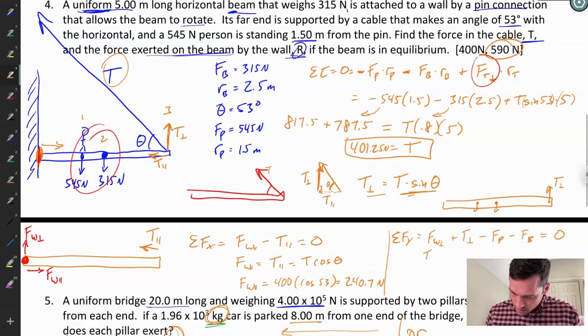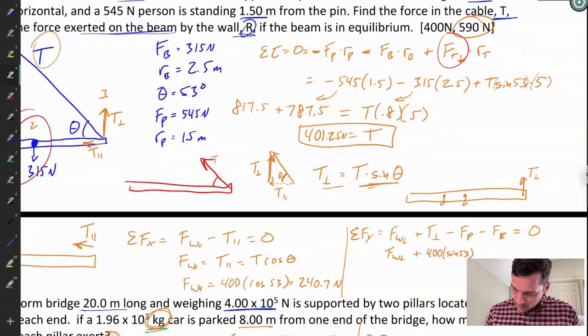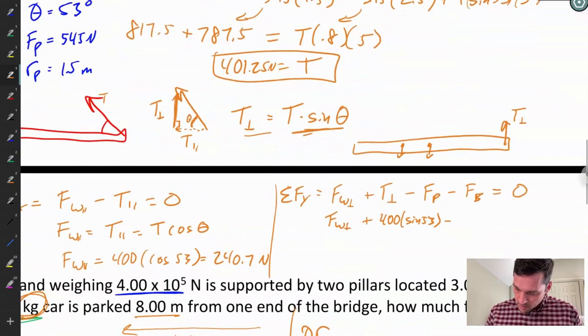So the force of the wall plus T perpendicular, which is going to be, I'm using rounding now, 400 sine 53, minus the person, which was 545, minus the bridge, which is 315. All those add up to 0.